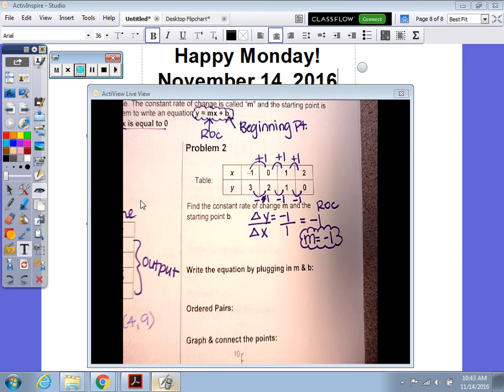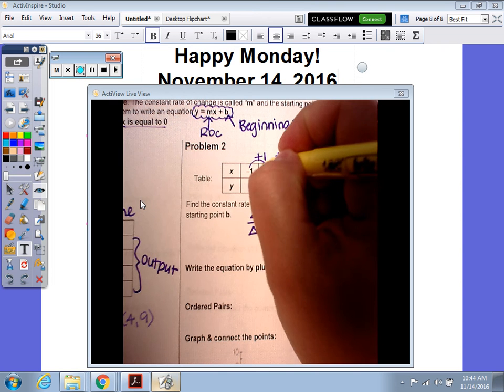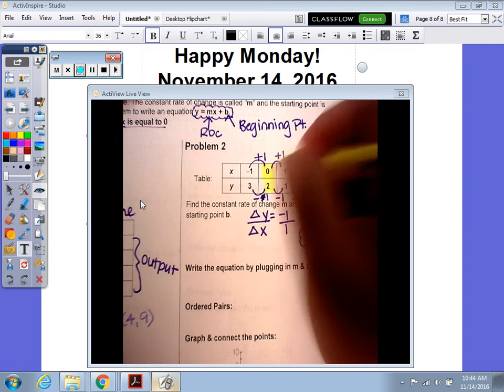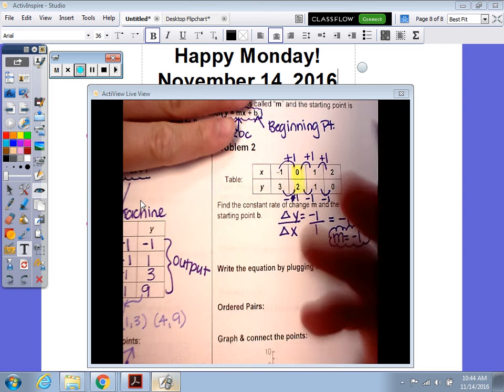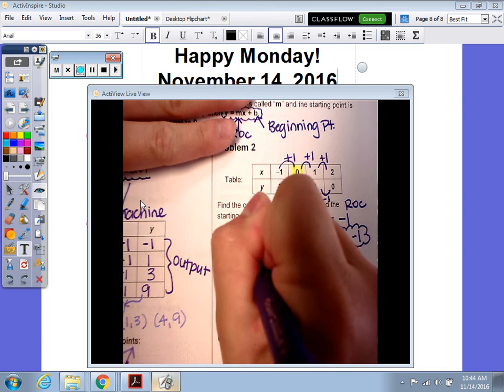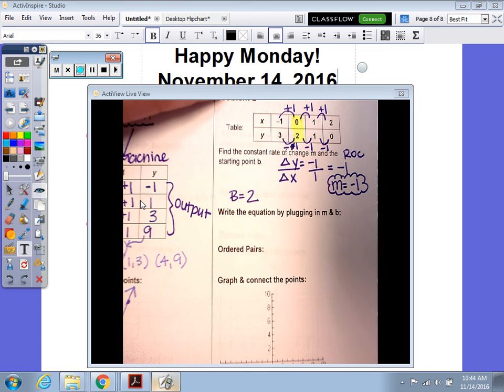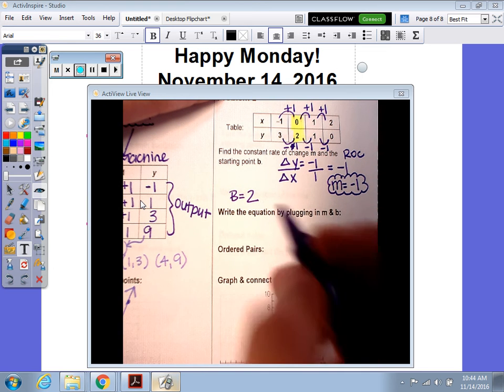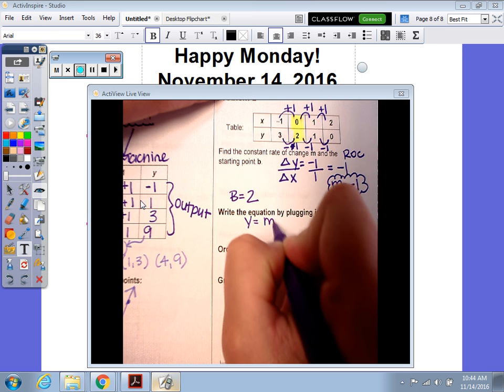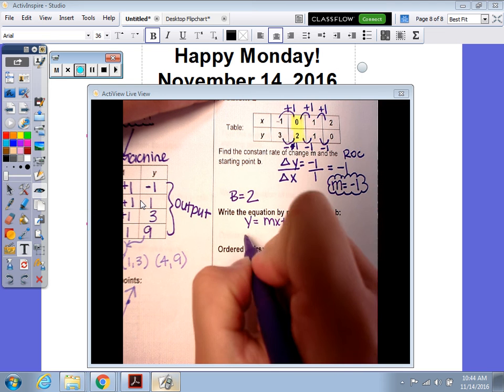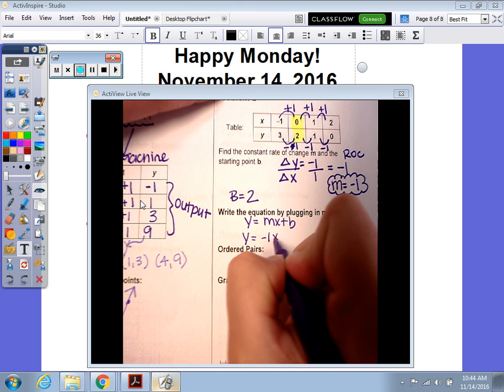Okay, our starting point is given to us, and I'm going to highlight it: when x is 0, y is 2. So b equals 2. Then it says we're going to write the equation by plugging it in. So if we originally had y equals mx plus b, we are now going to have y equals -1x plus 2.